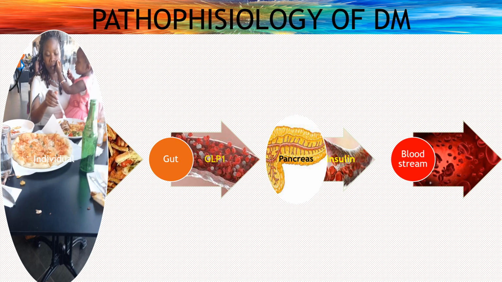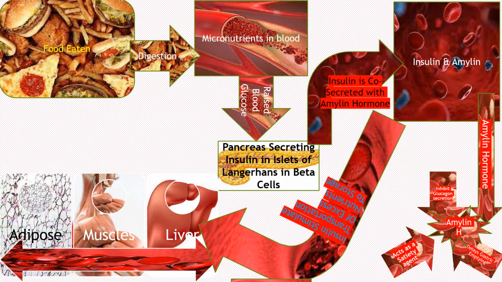So normally when an individual eats, the gut releases glucagon-like peptide 1 hormone, which stimulates the pancreas to release the right amount of insulin into the bloodstream. The food eaten is broken down into micronutrients which are absorbed into the bloodstream, raising blood glucose concentration.